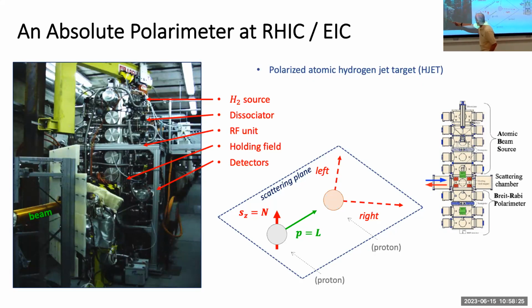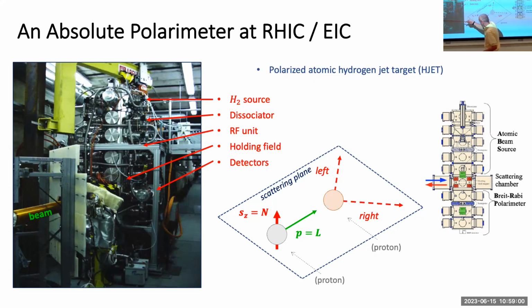So one of the beams goes into the picture, and then we have this setup here of this polarized target setup, where we again have the hydrogen source, the dissociator, then the magnetic fields and the RF units, and then around the interaction region here where the hydrogen beam goes through the beam pipe, we have the holding field, which in this case only allows us to define a vertical target polarization, which is all we're interested in this case.